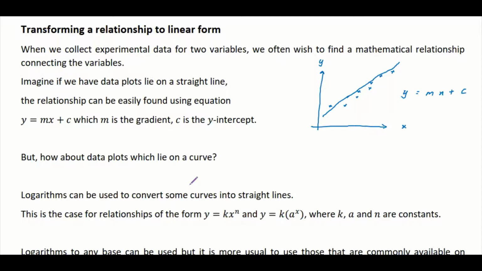However, not all curves can be converted using logarithms, but we are looking at two special cases here, which are the forms y equals k x to the power of n, and y equals k a to the power of x, where k, a, and n are constants here.